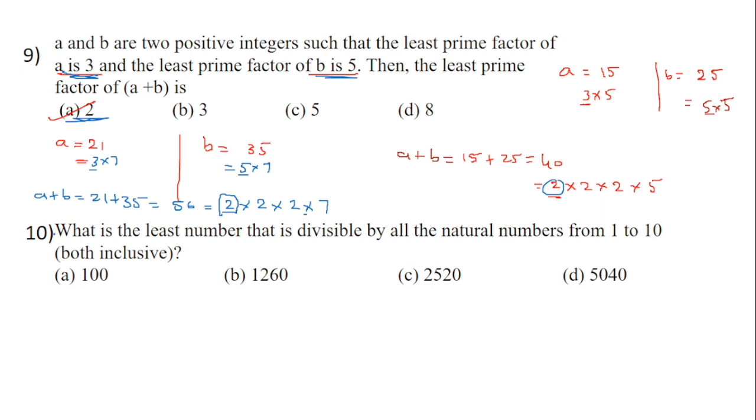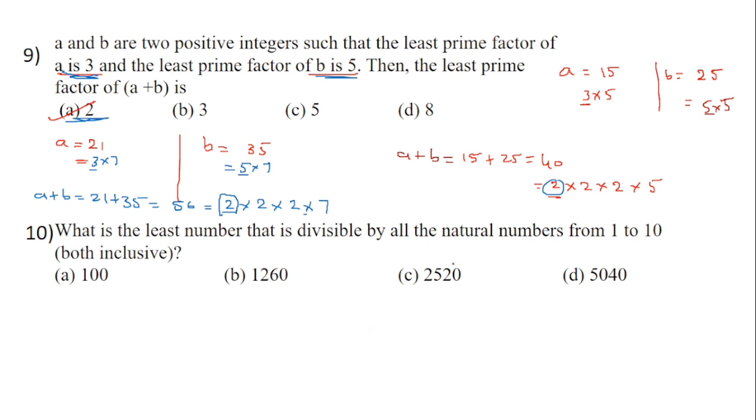Let's see the next question. What is the least number that is divisible by all natural numbers from 1 to 10? Both inclusive means we should include 1 and 10 also. Means the least number which is divisible by 1, 2, 3, 4, 5, 6, 7, 8, 9, 10. Do you have any guess?